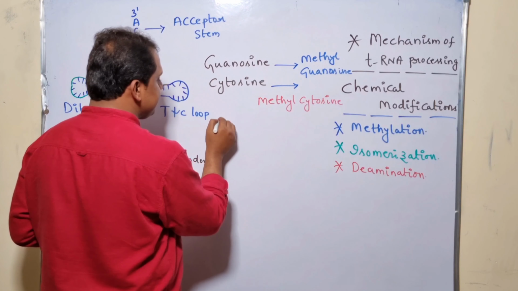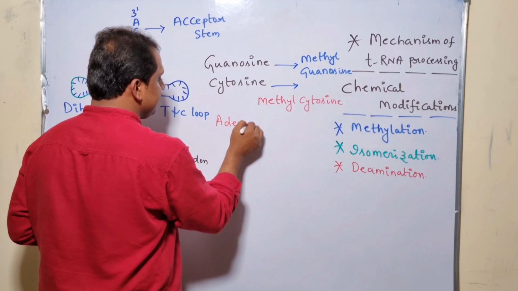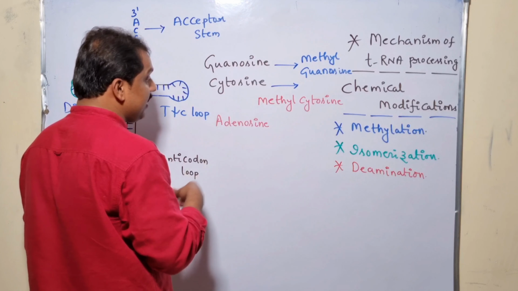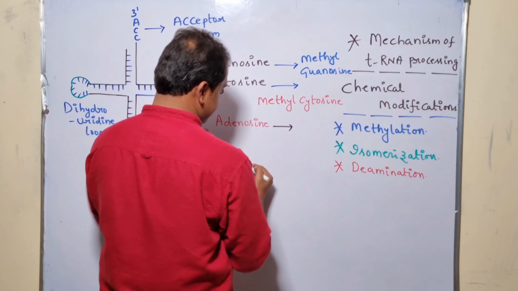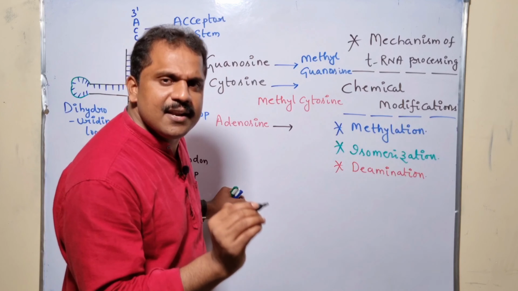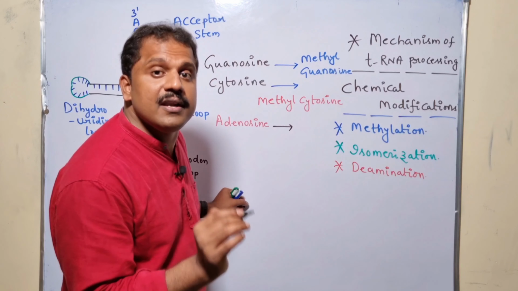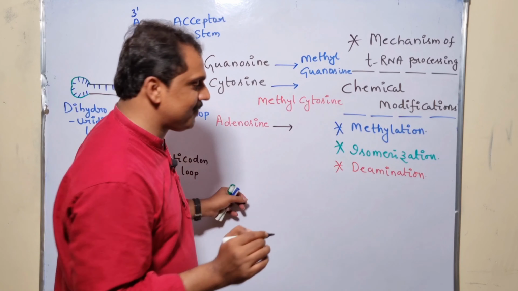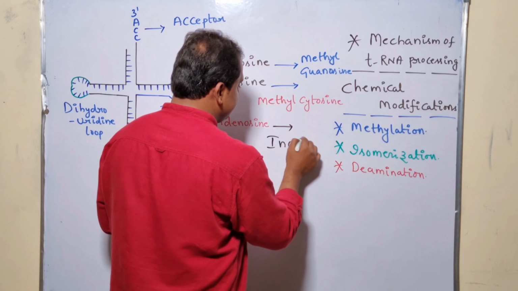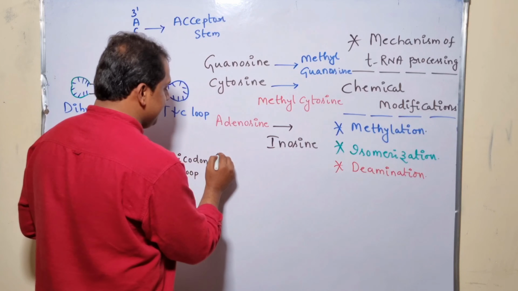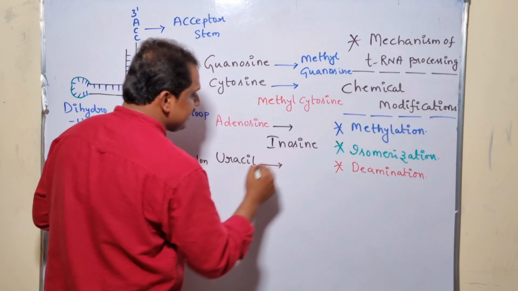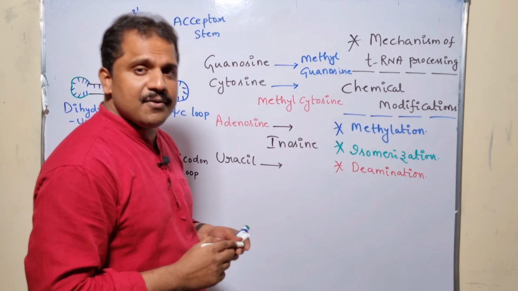In the same way, if we consider the adenosine nucleotide, when it undergoes deamination, is it clear? When the adenosine nucleotide undergoes deamination, it leads to the formation of what? Inosine. So let me write it here. Inosine. In the same way, if we consider uracil, basically it is a nitrogenous base, right?